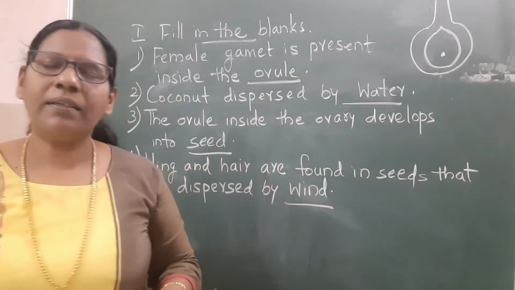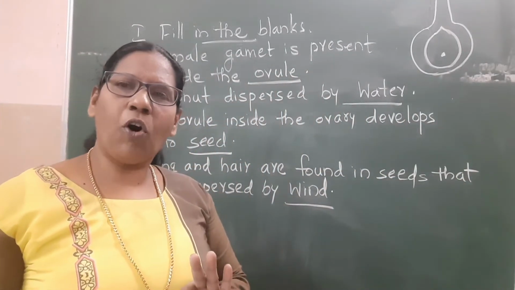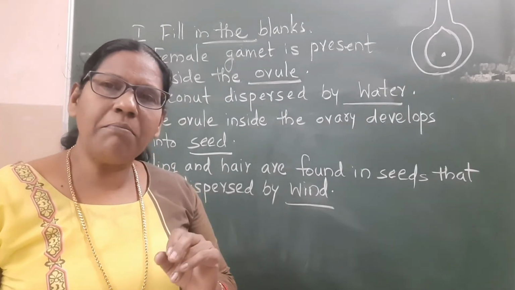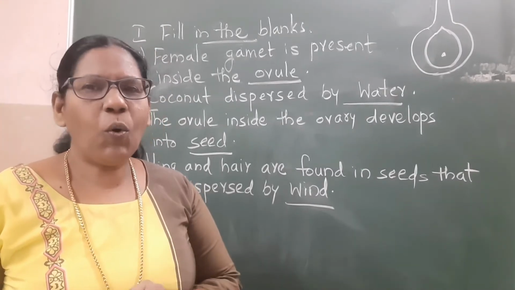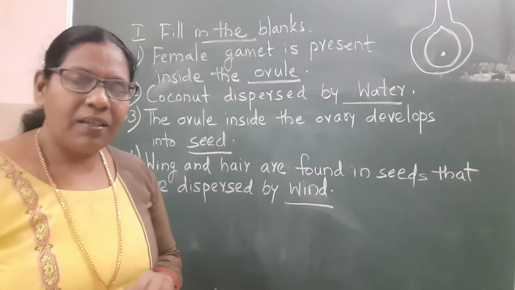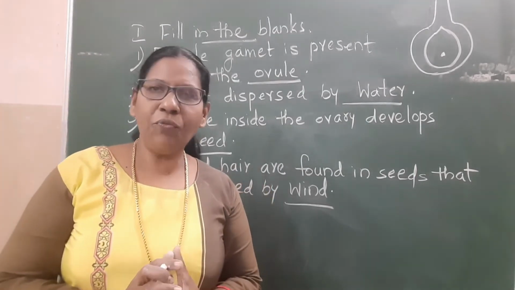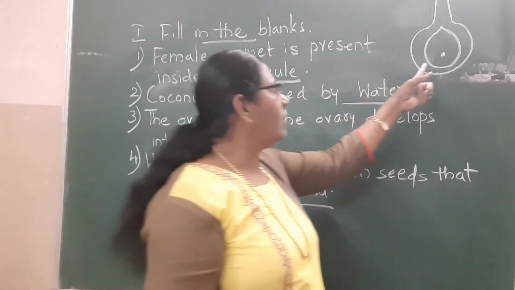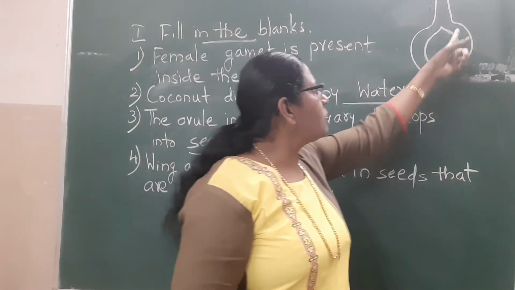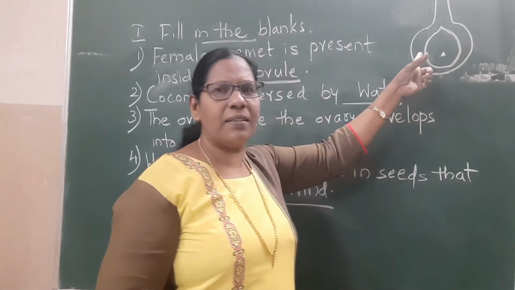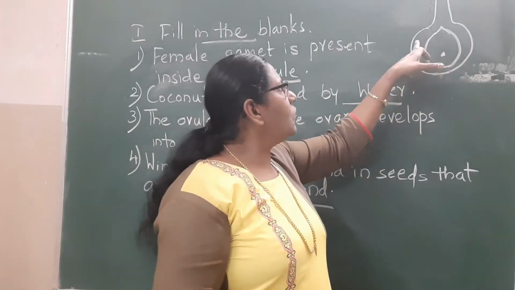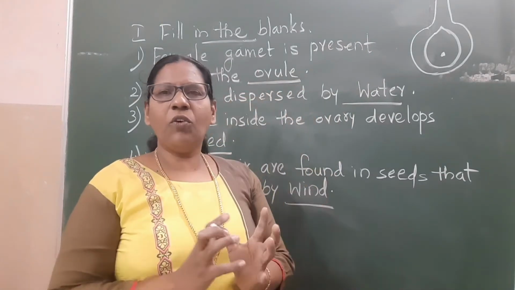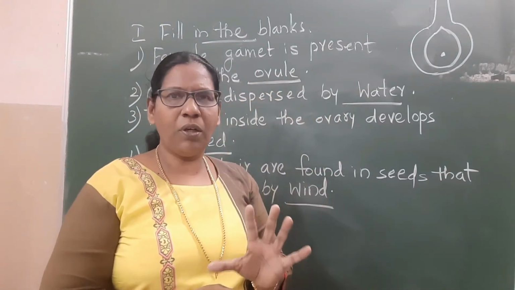We learned that the female reproductive organ has 3 parts: stigma, style and ovary. That ovary turns to fruit. The wall of the ovary becomes the fruit wall.